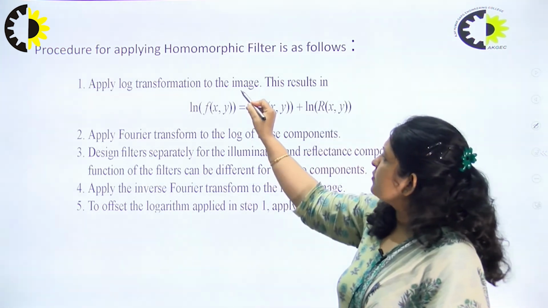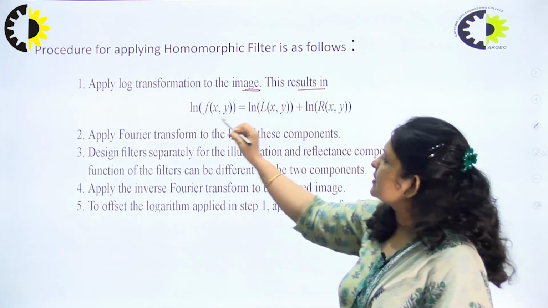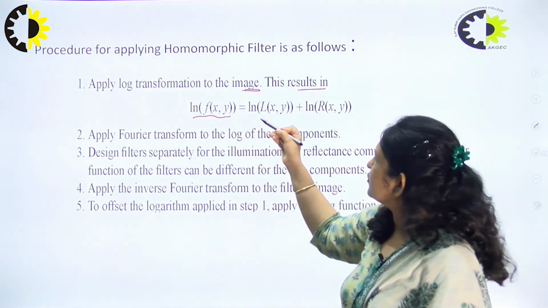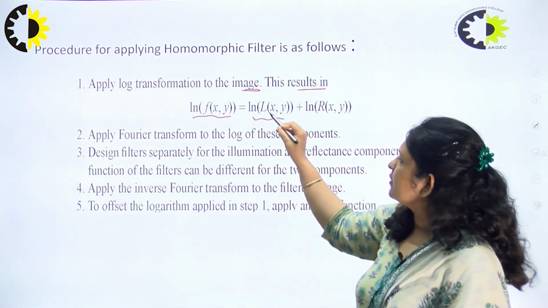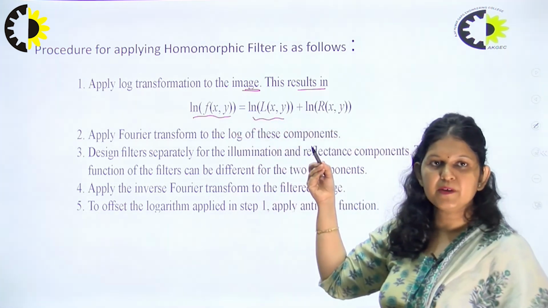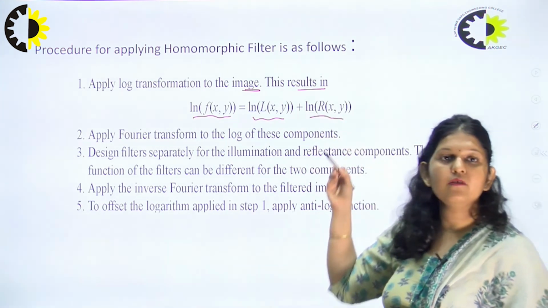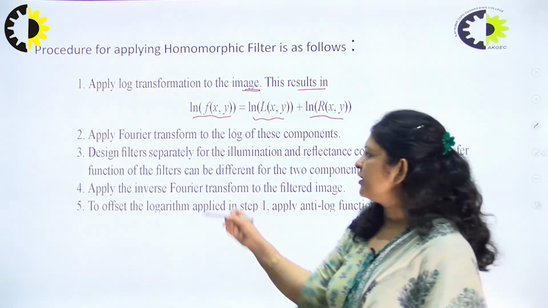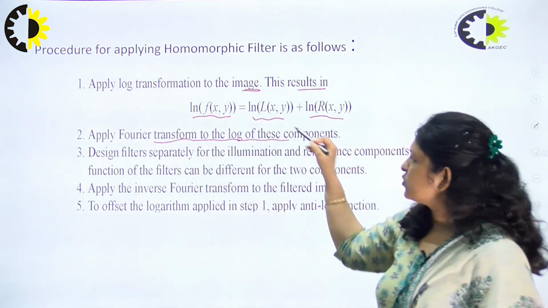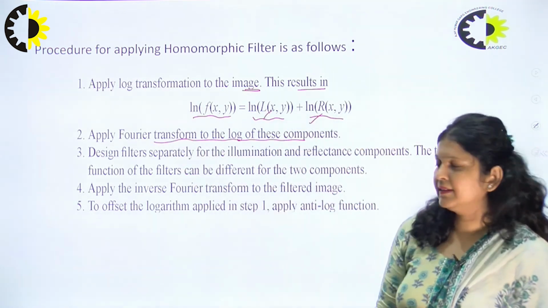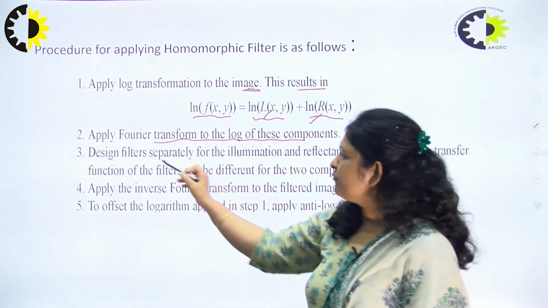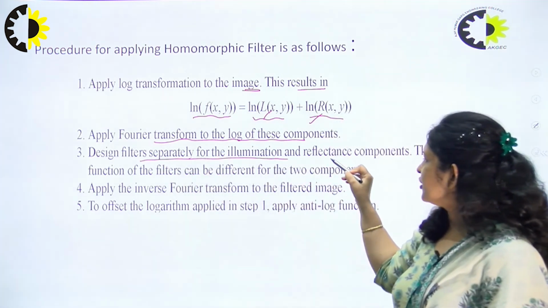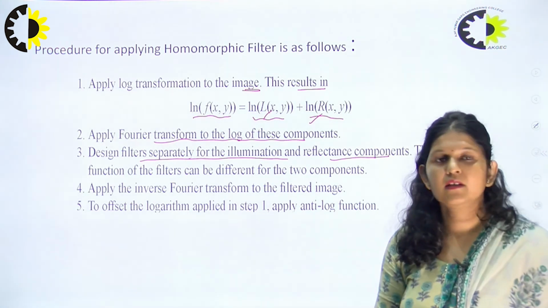Apply the log transformation to the image, which results in log of f of x comma y equal to log of the illumination component plus log of the reflectance component. Now apply the Fourier transform to these two components separately. Then design the filters separately for the illumination and reflectance components.